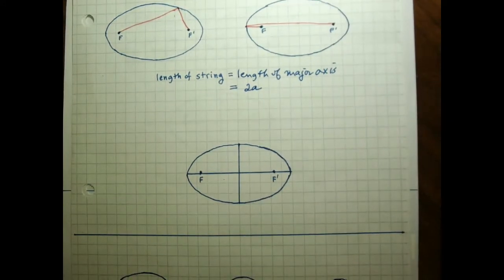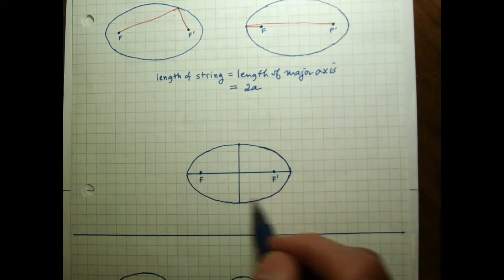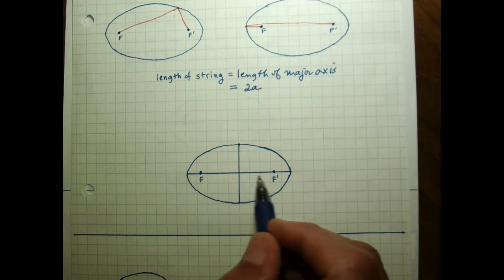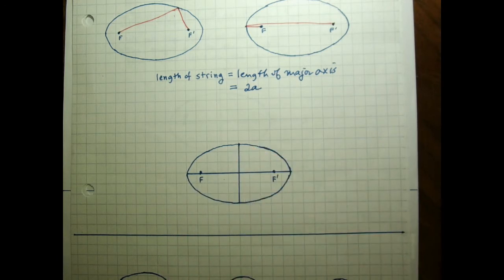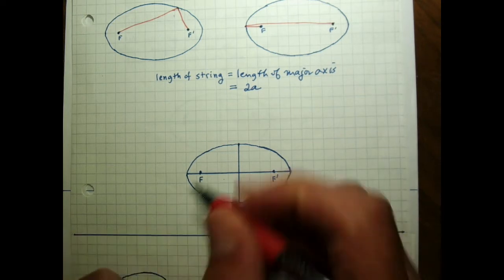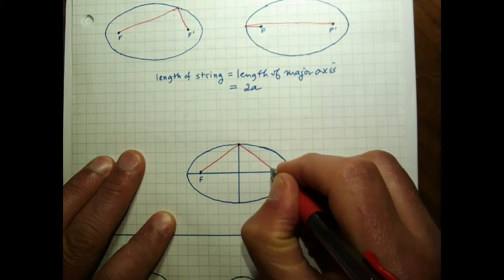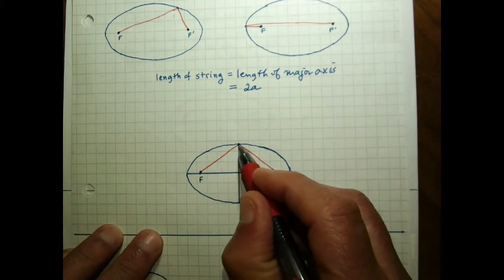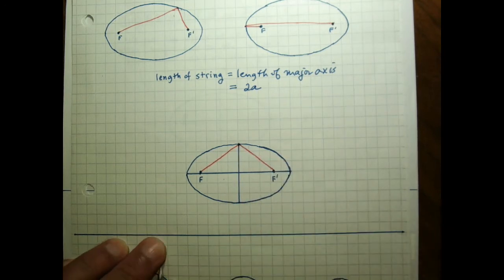Another picture I want to draw here is, again, I'm just going back to my ellipse with two foci labeled. The major axis is drawn. The minor axis is drawn. I want to imagine the string in this position. So it's that same length of string going from one focus up to this co-vertex and back to the other focus.